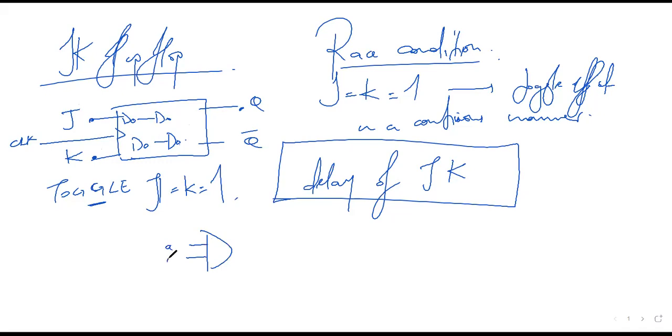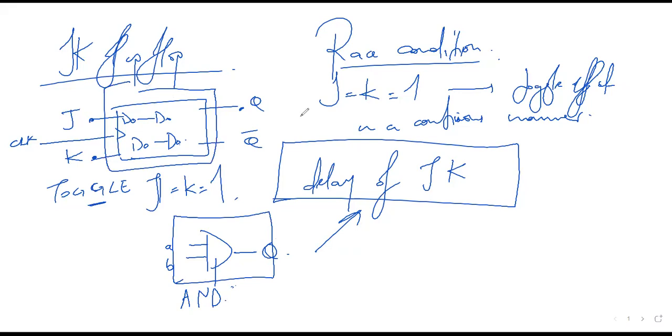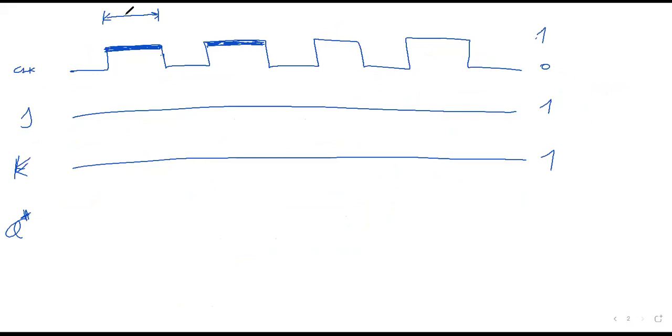If I have two inputs, A and B, to get an output Q, it does not happen instantly. That time is called the delay, in this case of the logic gate. In this case, we have the delay of the flip-flop. If that delay, the time taken to get an output, is far much less than the time we have here, TD.